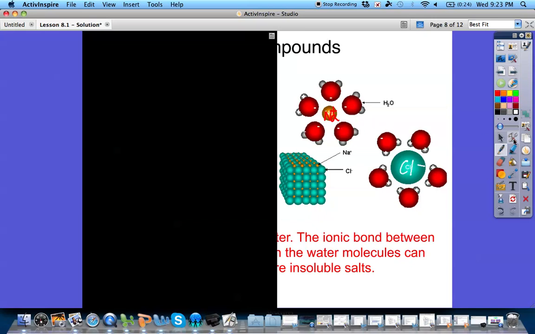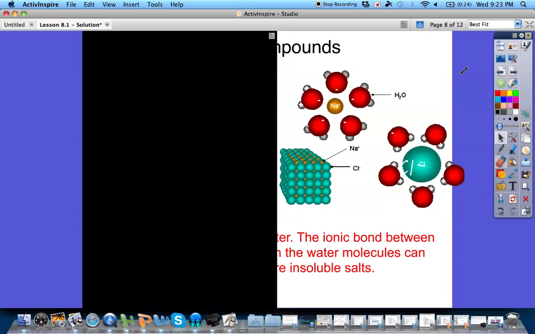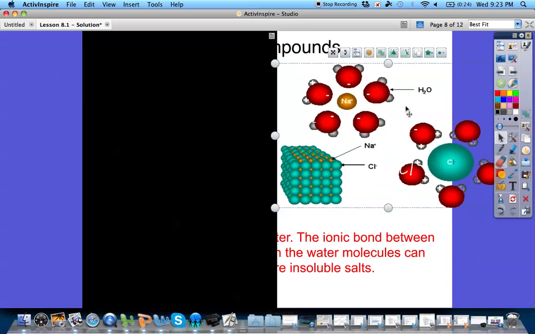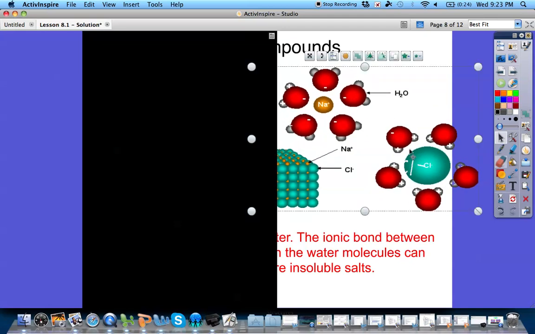Those are the two ions that are involved in sodium chloride. Okay, sodium is our cation because it's positive, and chlorine is our negative ion, an anion.